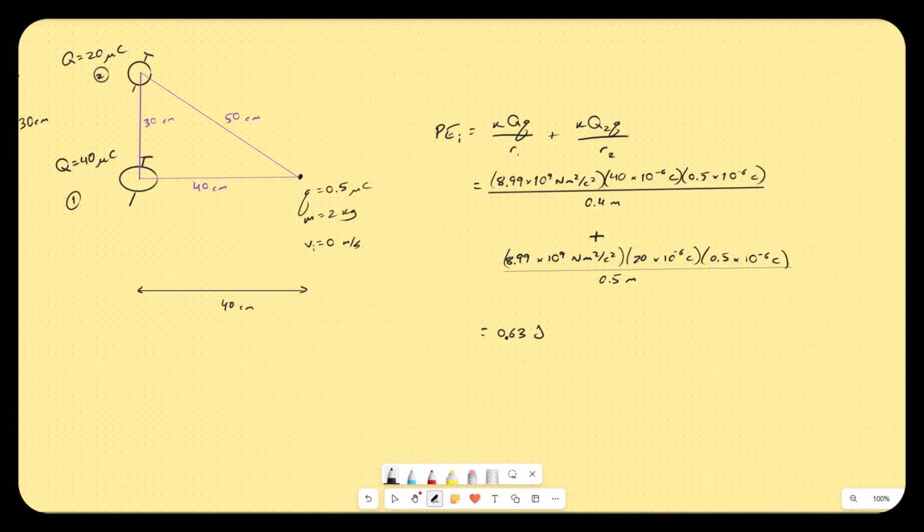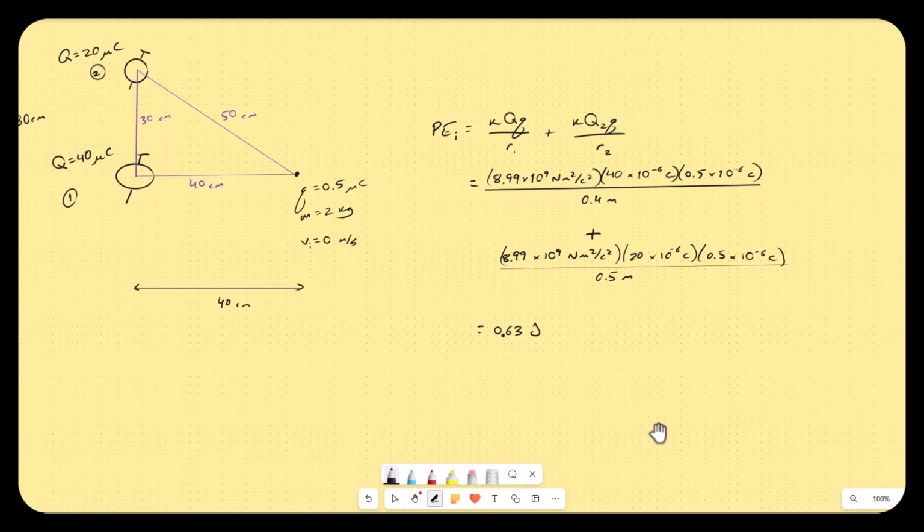And that is joules, just like potential energy, any energy always has been. That's all the energy I had to start with, right? My kinetic energy initial was 0. I'm saying my potential energy final is going to be 0, and my kinetic energy final is half m v final squared.